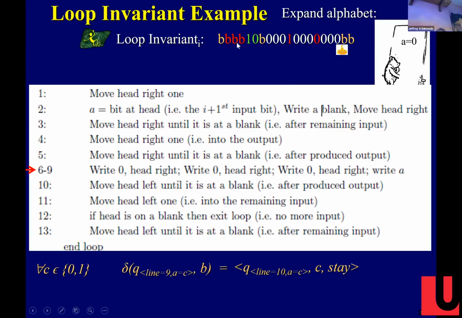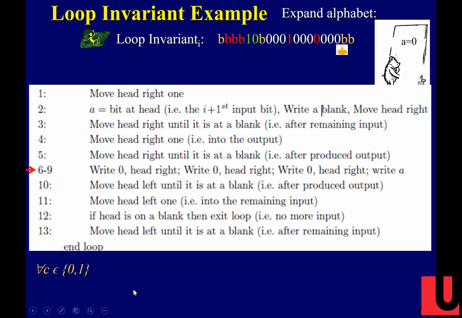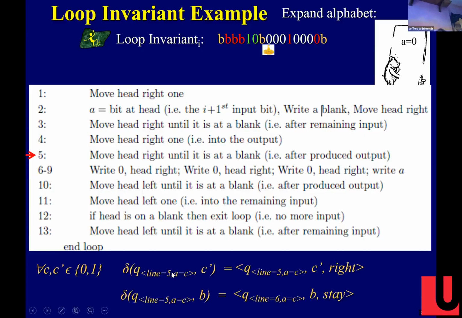I read in a C here, and it stayed A equals C all the way through. If we go back to this thing here, A is C, which is 0 or 1, and I'm reading a C prime, and I'm going past C prime. So C prime is just symbolizing what I'm going past, right?